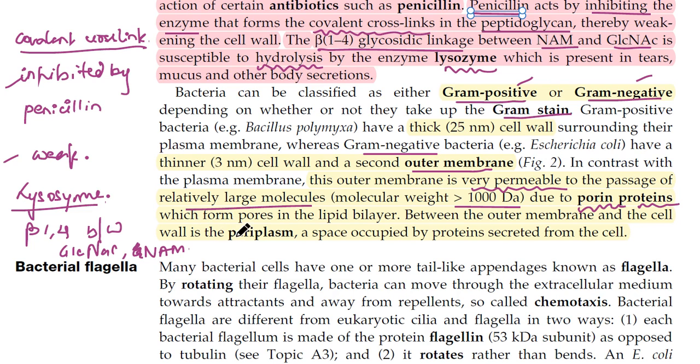Between the outer membrane and the cell wall is a layer known as the periplasm, a space where the proteins secreted from the cell accumulate.